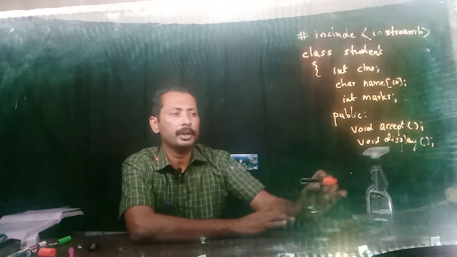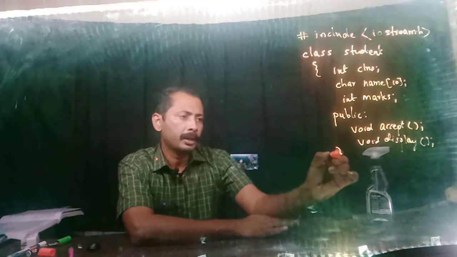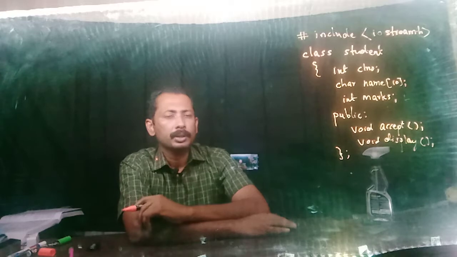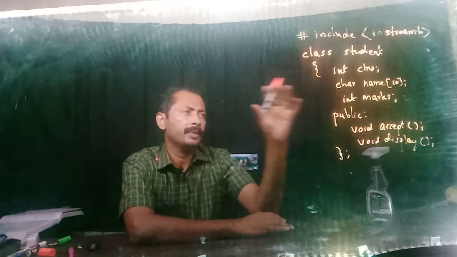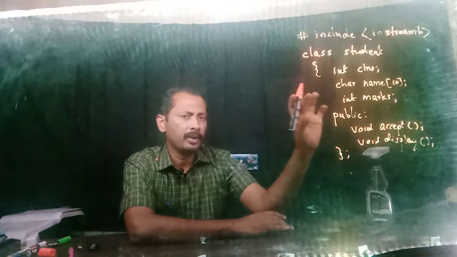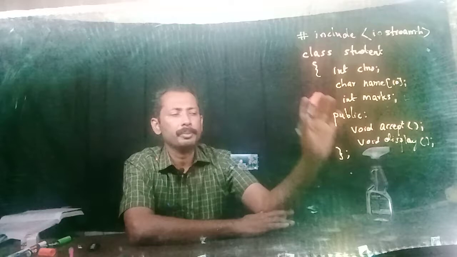Okay, so it is void display. And I am closing this bracket now, and I am putting a semicolon. So this is the syntax for defining a class student. Then I have defined the variables. Then I have defined the function names.